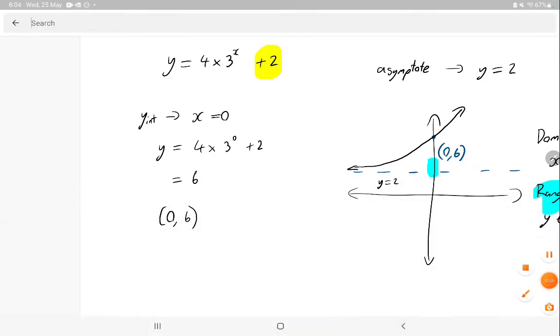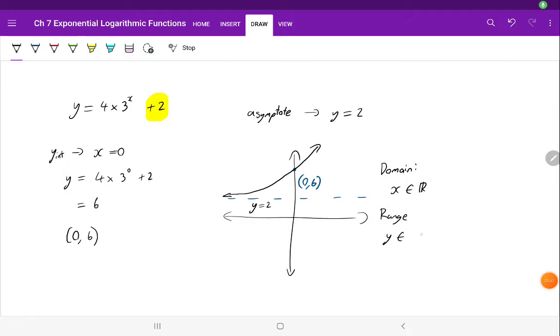The smallest value is 2, but you can also see that it's increasing upwards, which means that we are going to get up to infinity. Now, infinity we always use a smooth bracket, but for the 2, because it's an asymptote, we do not include it, so we use the exclusive bracket. If I was doing this in alternative notation, I'd say that y has to be bigger than 2, but less than infinity, or just that y is bigger than 2. Either option would be perfectly fine.